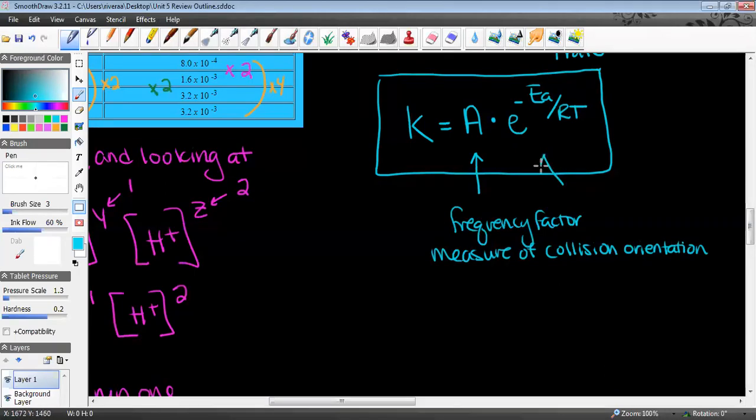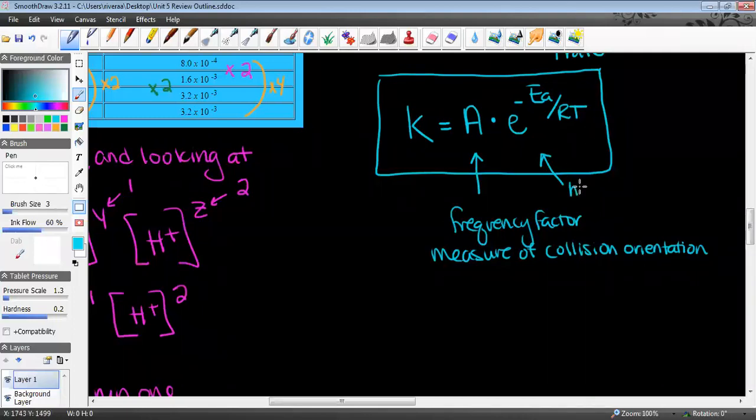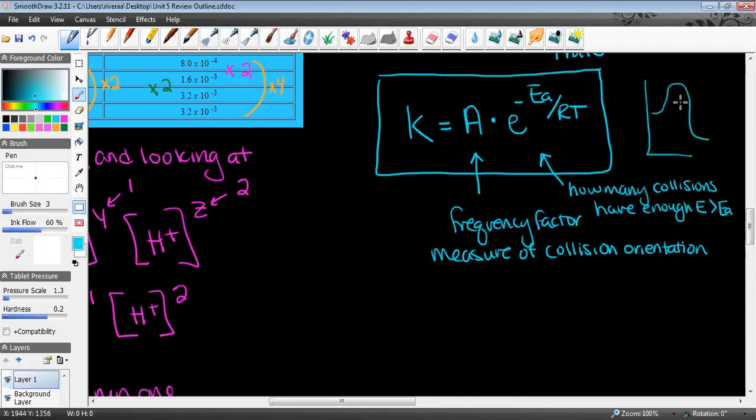And this factor here, the e to the negative EA over RT, indicates how many collisions have enough energy that is greater than the activation energy. This is the one that looks at how many of those collisions have enough energy to get up over that hump, that energy barrier.